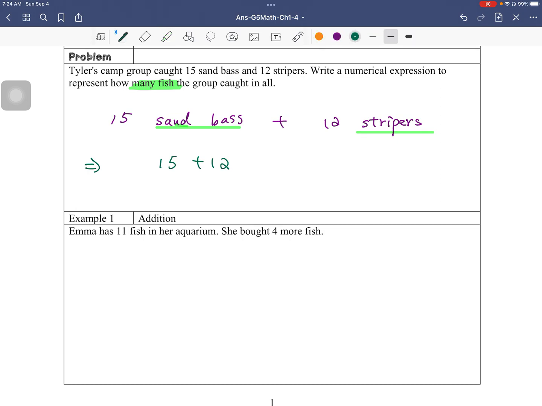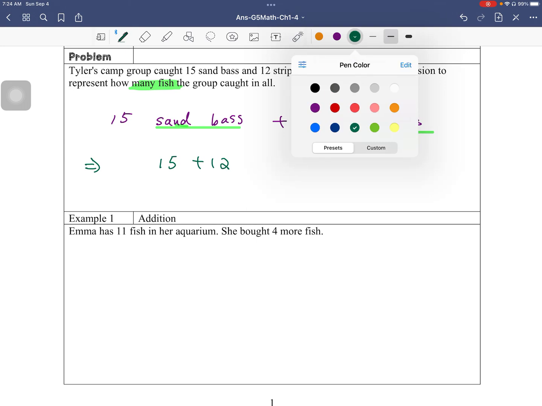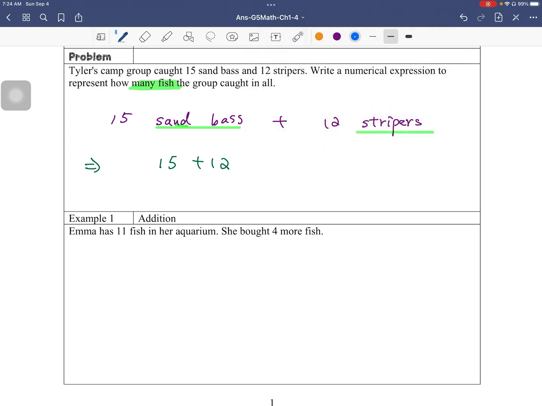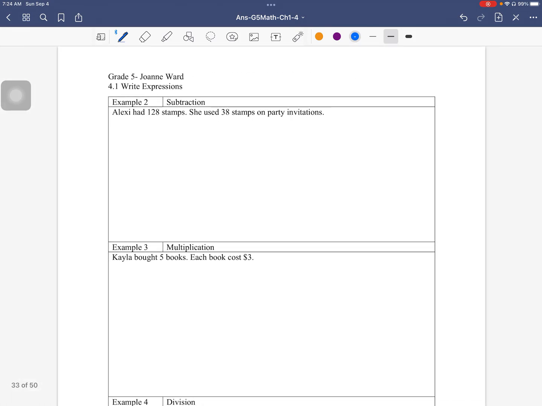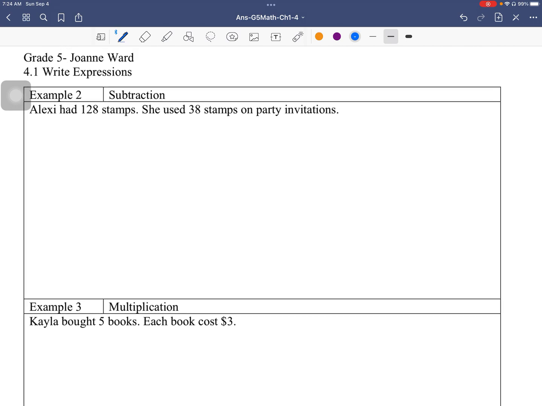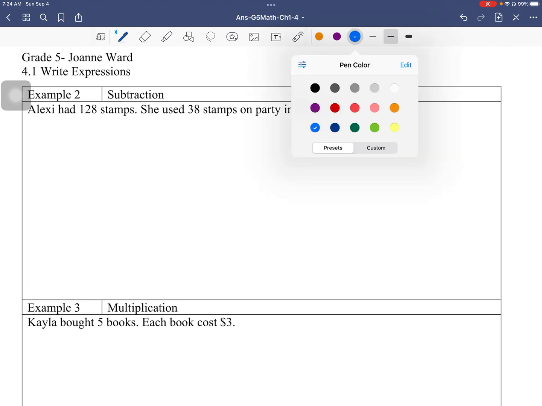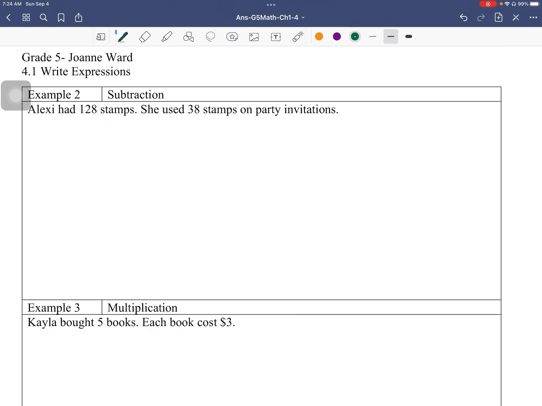Okay, so now example 1, I have an example of addition. So let's try to write numerical expressions. Now Emma has 11 fish and she bought 4 more fish, so plus 4. Then now Alexi has 128 stamps. Now she used 38 stamps.